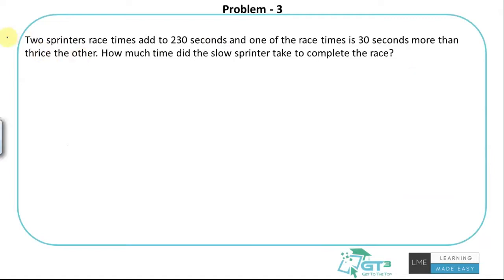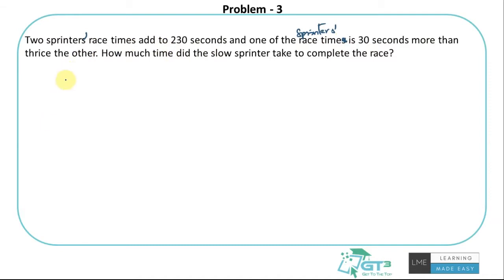Two sprinters' race times add up to 230 seconds, and one of the race times is 30 seconds more than thrice the other. So one of the sprinters' race time is 30 seconds more than thrice the other.